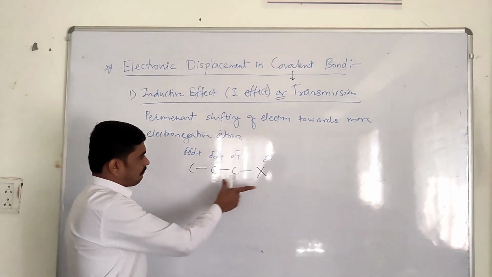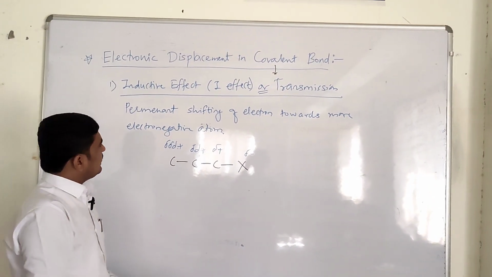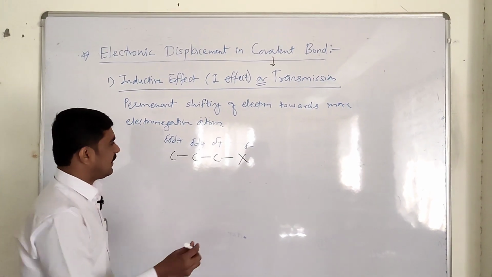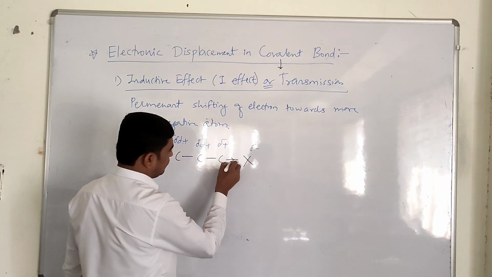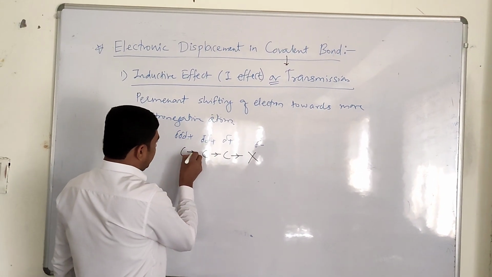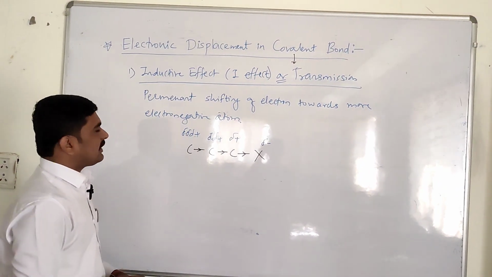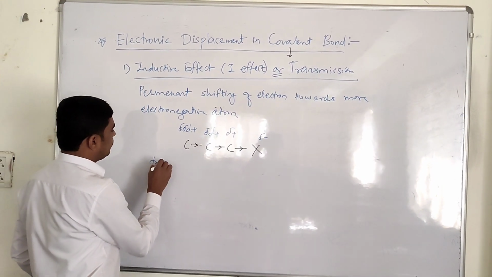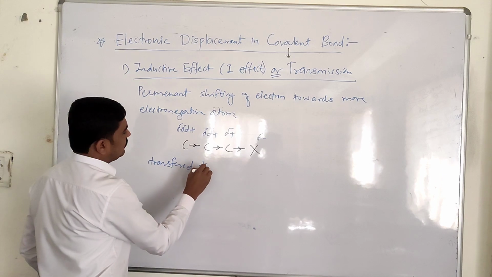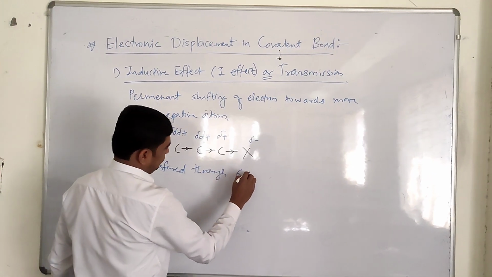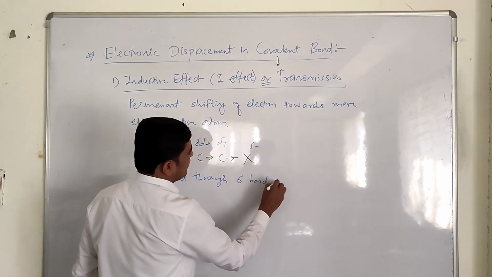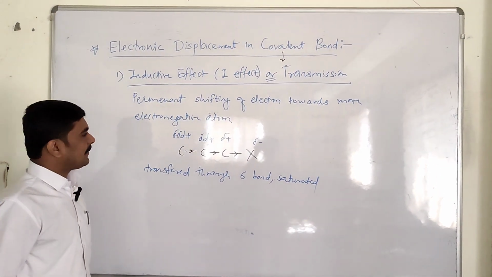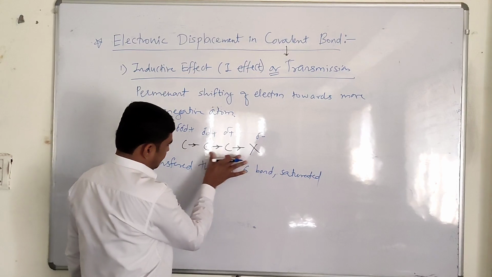Actually this is the example, and you can see how in inductive effect electron is shifted towards the more electronegative atom. This X is more electronegative, therefore it withdraws the electron, and this effect is transferred through the sigma bond, and generally it is observed in saturated compounds, containing carbon-carbon single bonds.